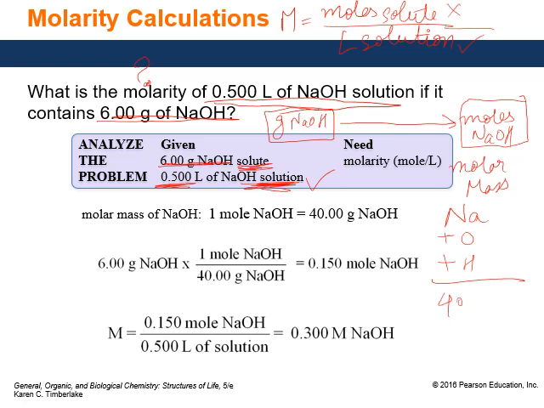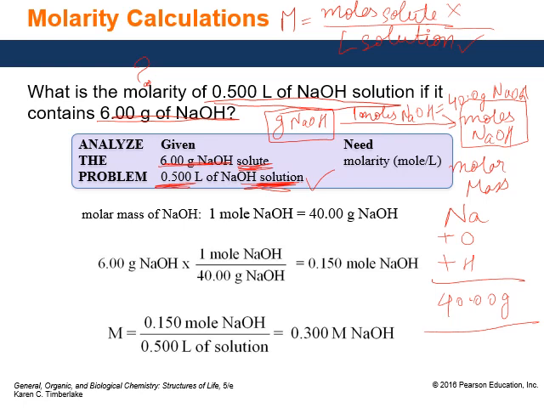When you add it up, the sum is 40.00 grams of sodium hydroxide. So that is the molar mass of this NaOH molecule. We can make a relationship here that 1 mole of NaOH is equal to 40.0 grams of NaOH. Using this conversion factor, I can go from grams to moles.